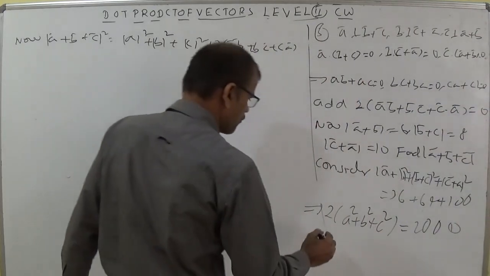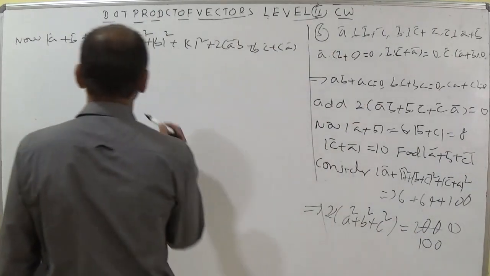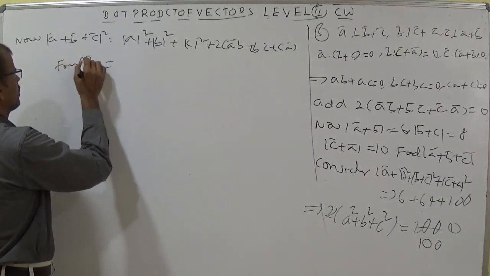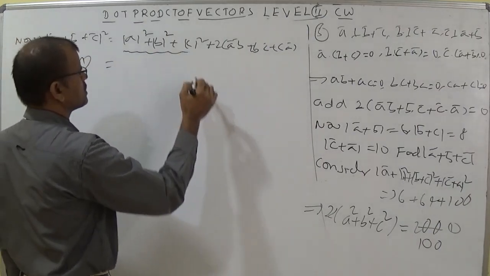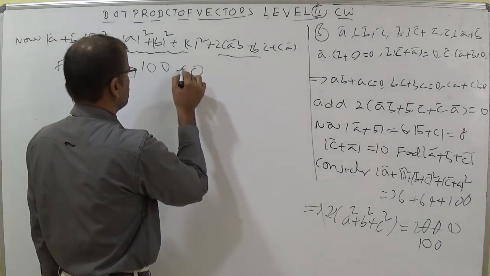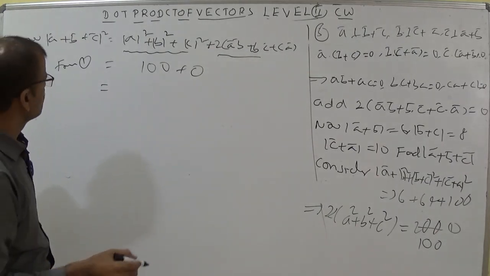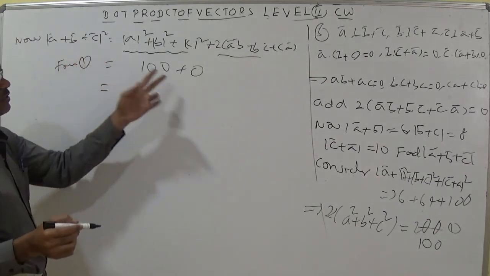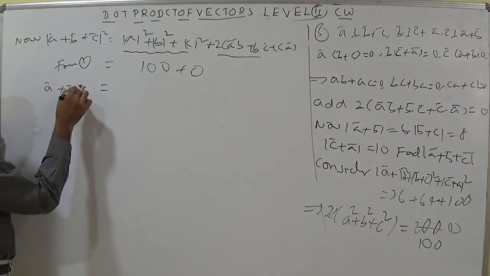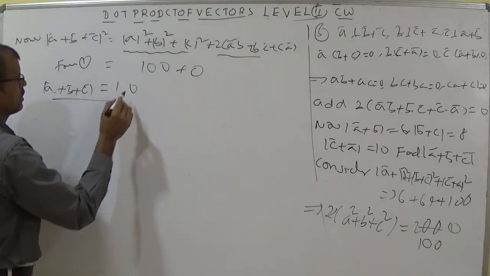Then if you cancel 2, you will be getting here 100. Then the value you substitute from 1, I am writing. From 1, this a square plus b square plus c square is equal to 100 and this is 0. So if he is asking (a bar plus b bar plus c bar) whole square, you will be getting 100. If he is asking a bar plus b bar plus c bar, you will be getting 10. The root of 100 is 10.